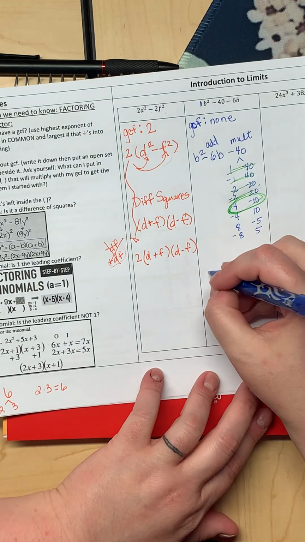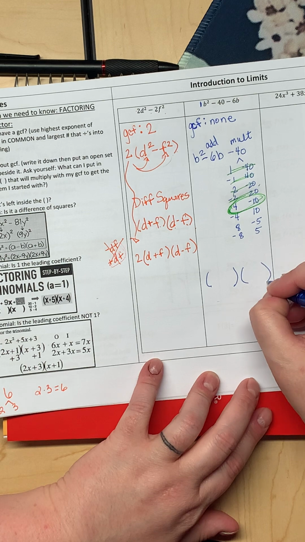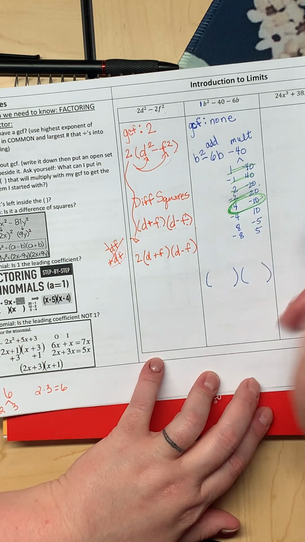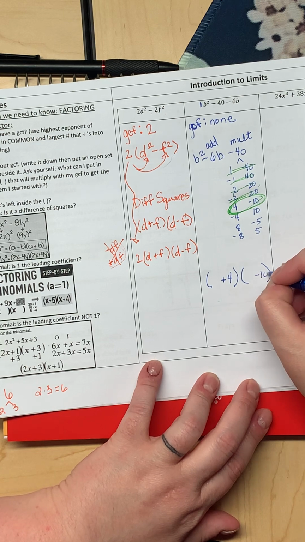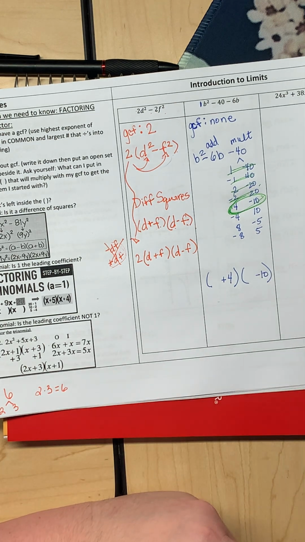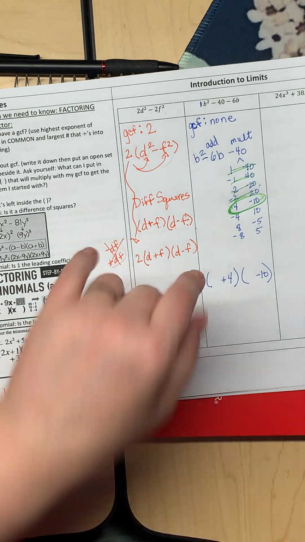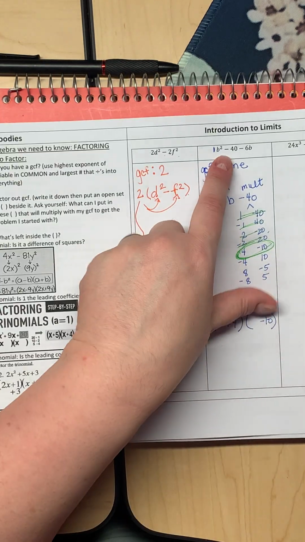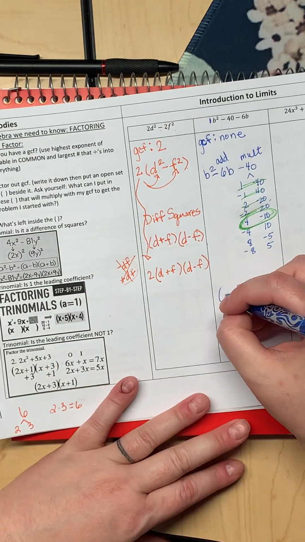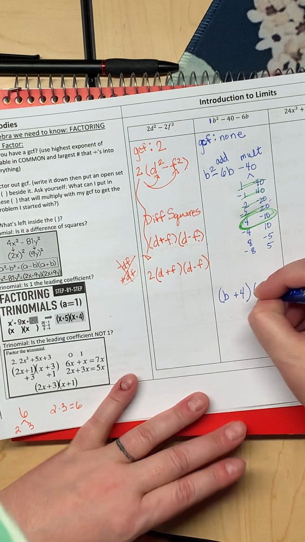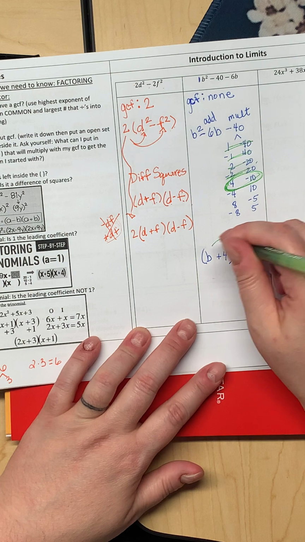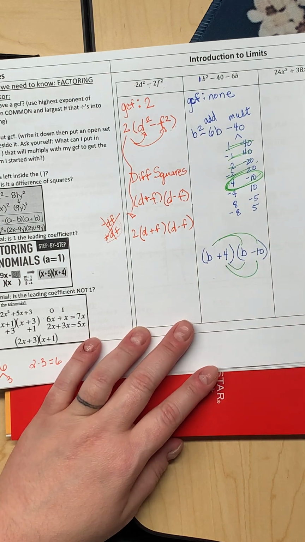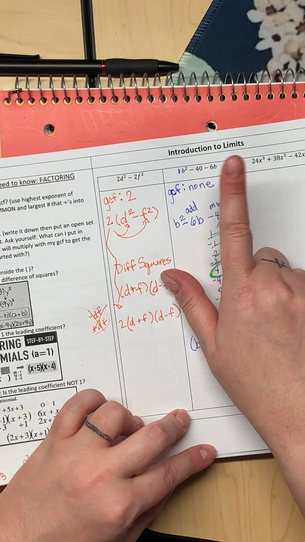So what we're going to do is draw two sets of parentheses, and this 4 and negative 10 are going to go at the back end. Plus 4, minus 10. And then the letter we started with was B's, so we're going to put B's at the front. And then to check and see if this is right, we can multiply it all out. If you multiply it all out, you should get the original.